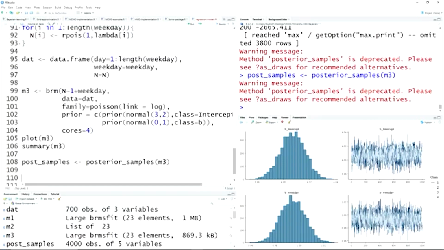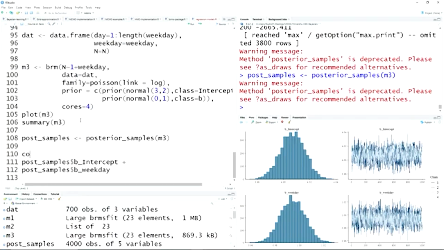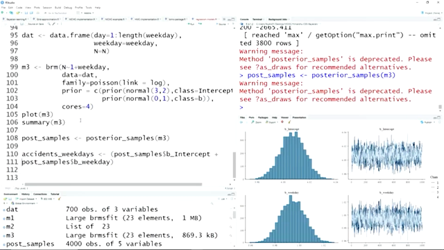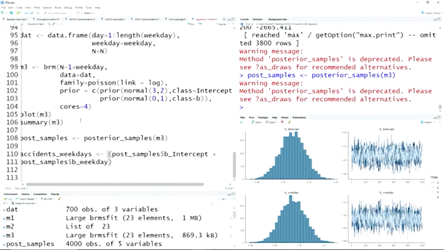I can obtain the number of road accidents during weekdays, because during weekdays the value of this predictor weekday will be 1. So I just need to add alpha plus beta times 1, and of course the exponent of this whole thing.